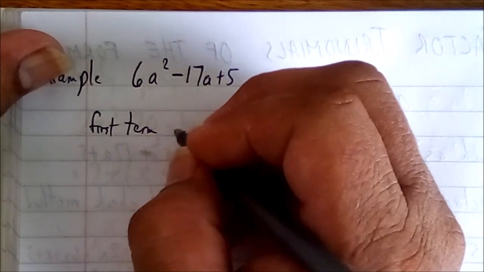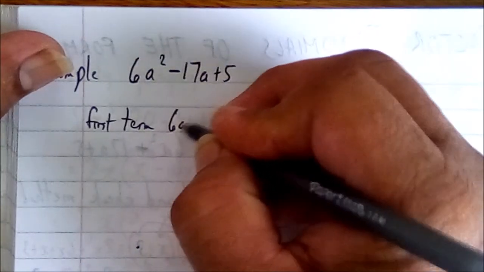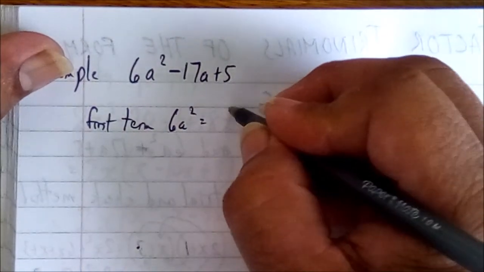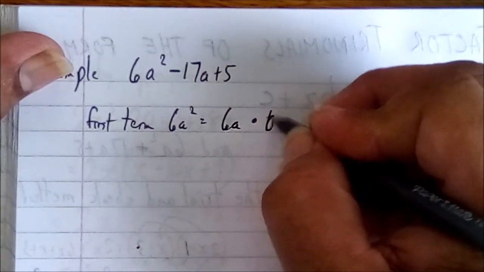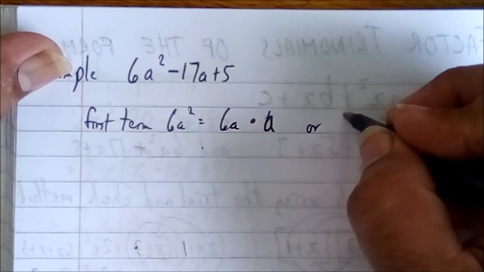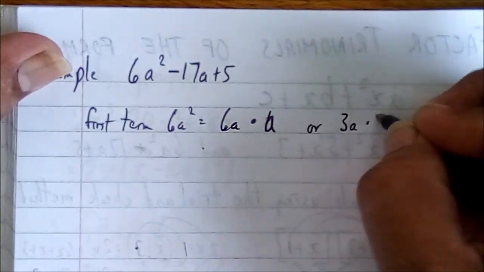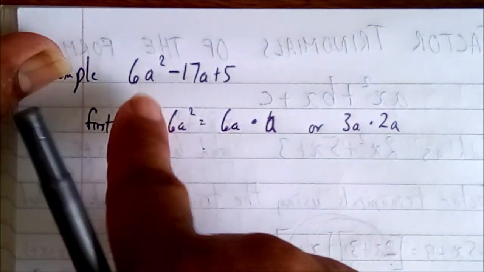You don't have to do this method here, but you need to learn this. So 6a squared could come from 6a times a, or it can come from 3a times 2a. So now the possibilities are increasing just for the first term.